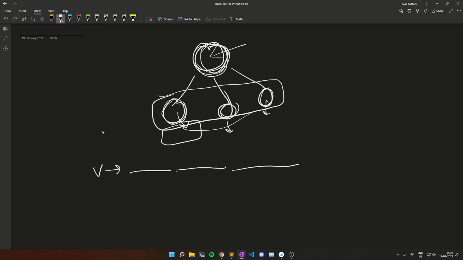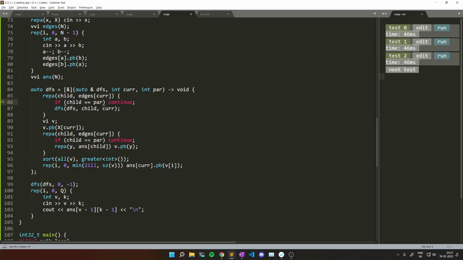But initially I told you that when I am calculating for the subtree of this vertex, this vertex's value will also be included. So I have included this value too. In v, first I have pushed x of current, because the value written on the current node is stored in my x array.